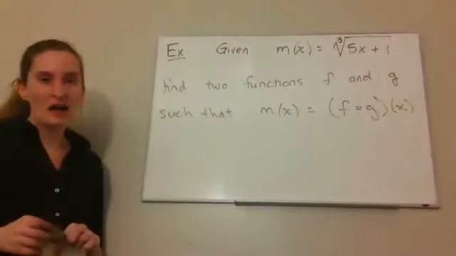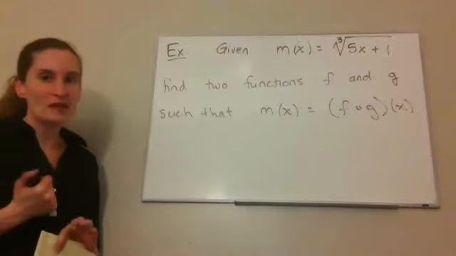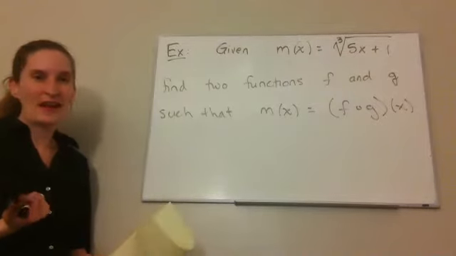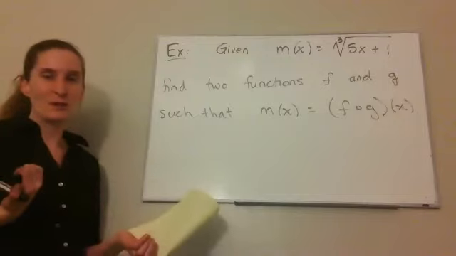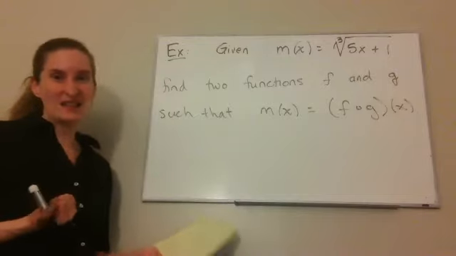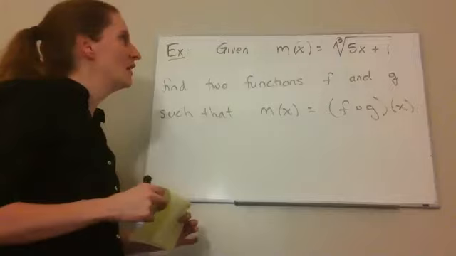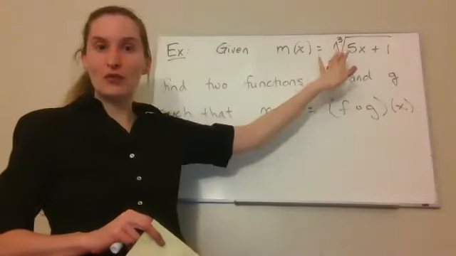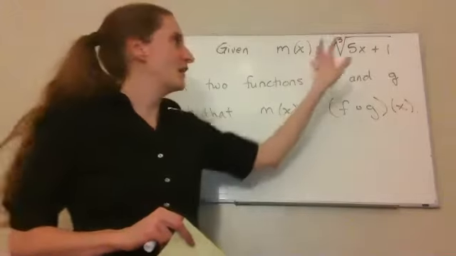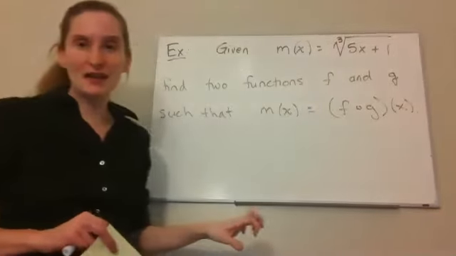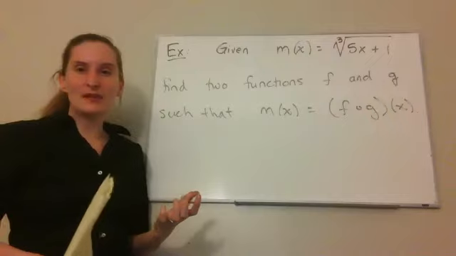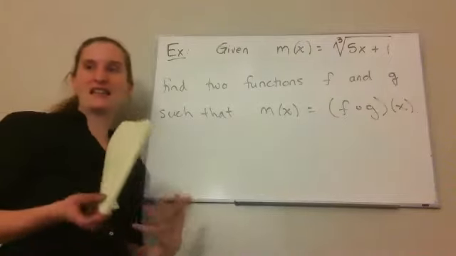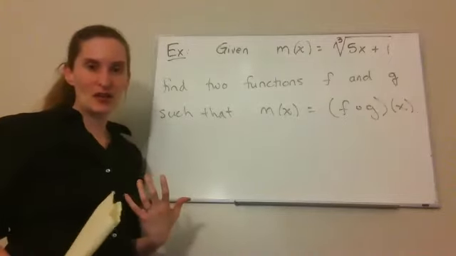Now, there's a lot of correct answers to this, but I'm going to show you the way that I think of this particular problem, and I think it's the easiest way to do this problem. When I look at this function m, I see that I have a cube root on the outside, and then there's a bunch of stuff on the inside. Remember, I've been talking composition this whole time, talking about an inside and an outside function.